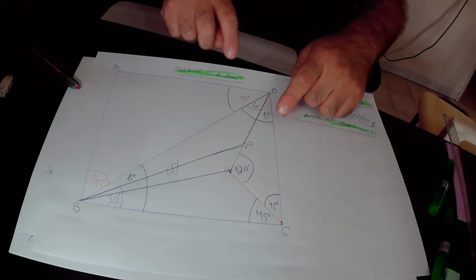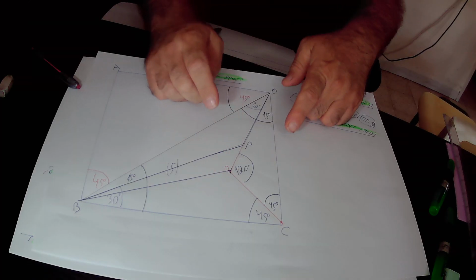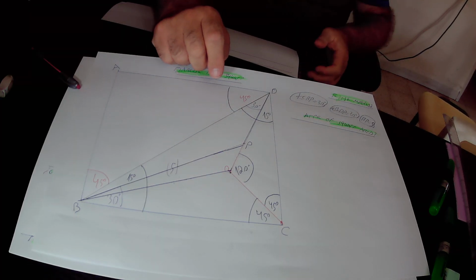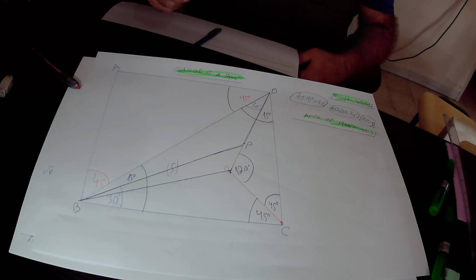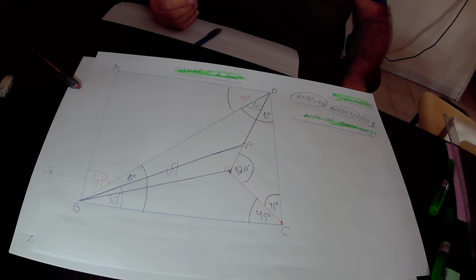So, why can those two triangles go into each other? First of all, BC equals DC, because ABCD is a square, and we know that all the sides of any square are equal to each other.